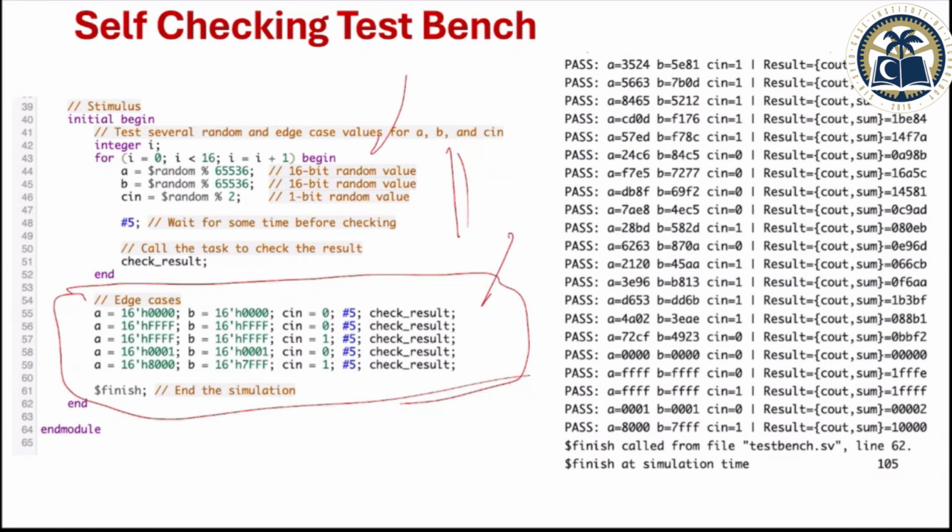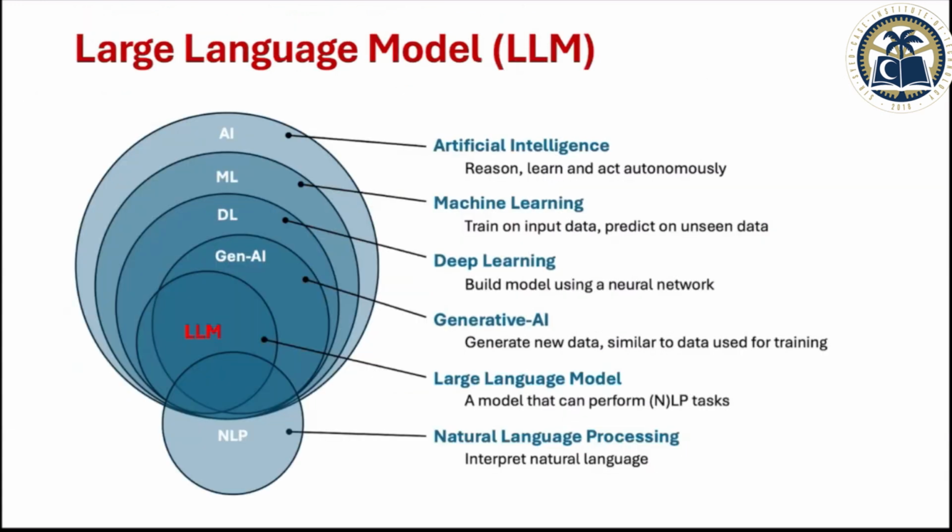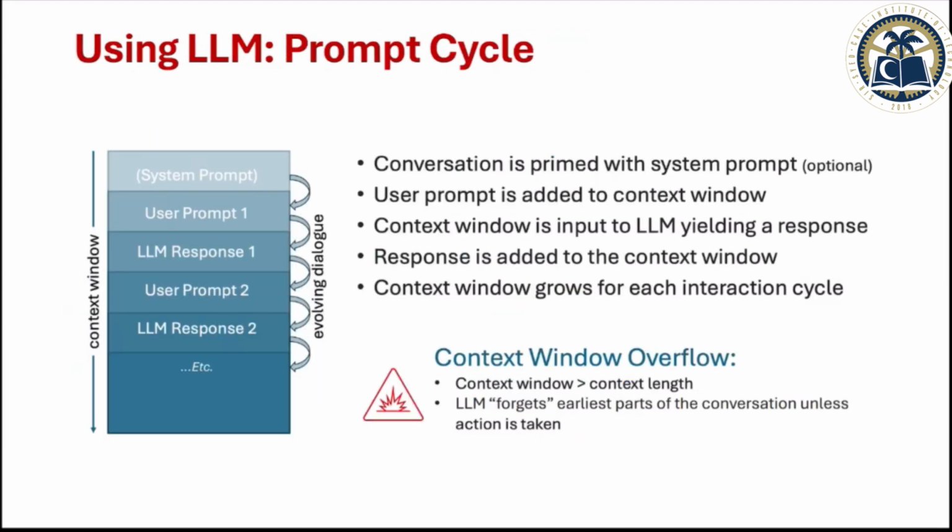Usually it is all zeros, all F, all 1s. But your corner cases would change. So people must know first how to randomly generate the test vectors and then how to check the corner cases.